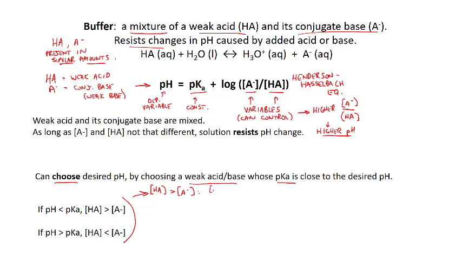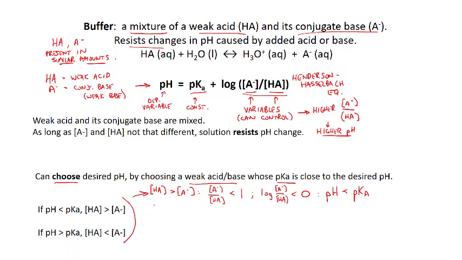Well, that means that our ratio on the right-hand side is going to be less than 1, which means that the log of that is going to be negative, and therefore our pH will be below our pKa.